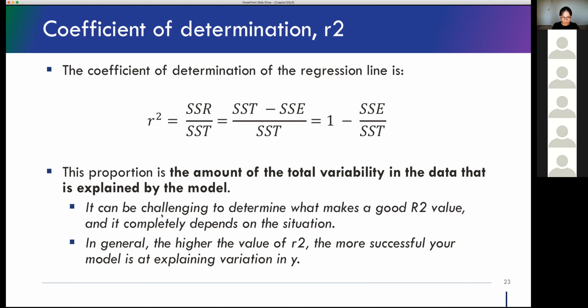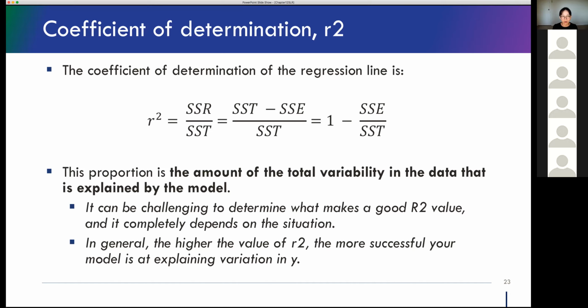It can be hard to determine what value of R squared indicates a good or bad model, so it's quite subjective. In most cases, R squared above 0.8 or 0.9 is already a pretty good model. But in some cases, R squared can be lower, like 0.6 or 0.7, and that is good enough.